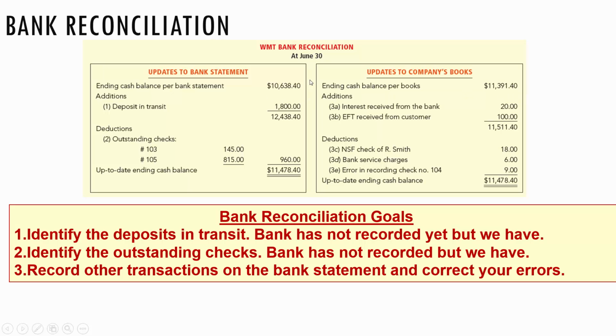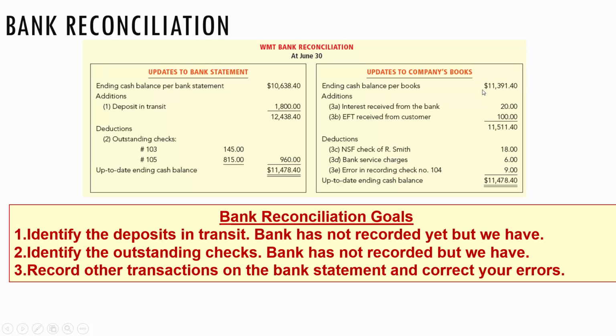This is the balance that the bank had on the bank statement. You add back deposits in transit, which are deposits the bank has not yet honored. You subtract the outstanding checks, the checks that are showing up in our accounting system and which are not yet processed by the banking system. This comes up with this balance.